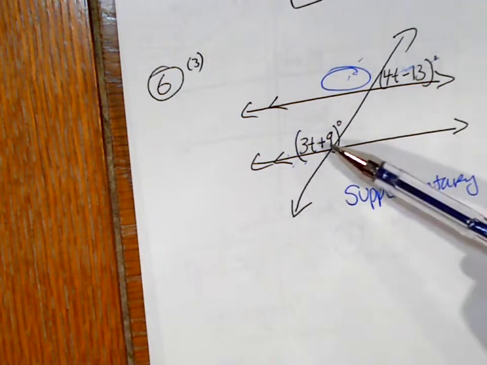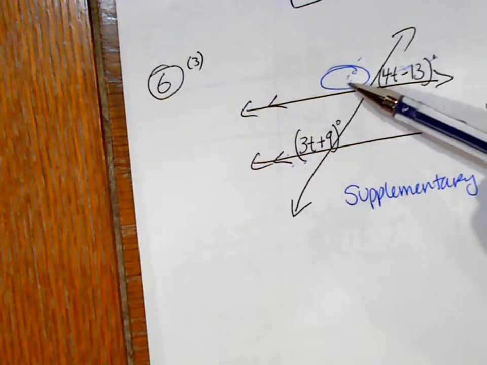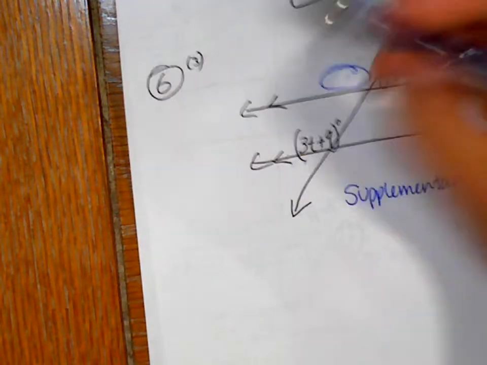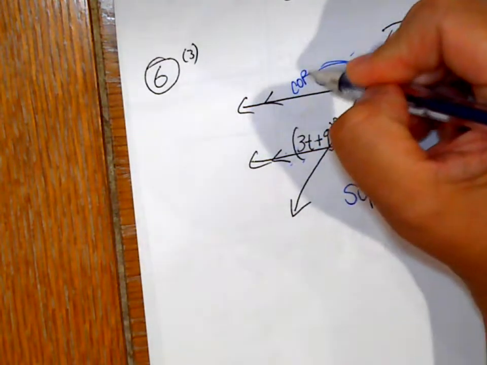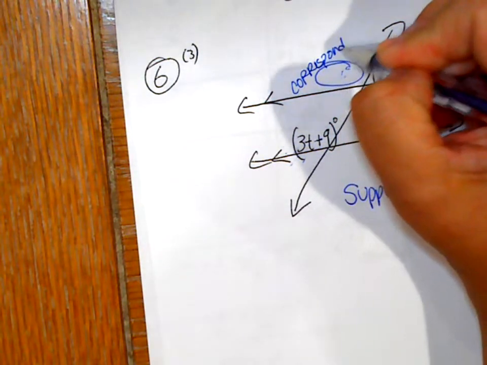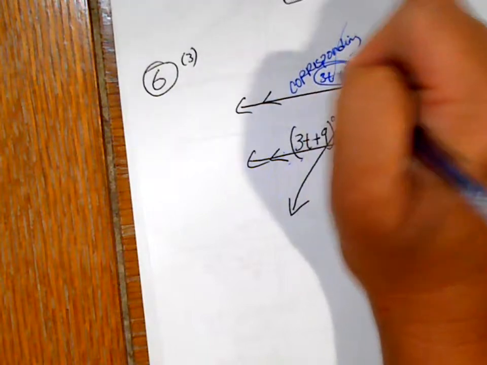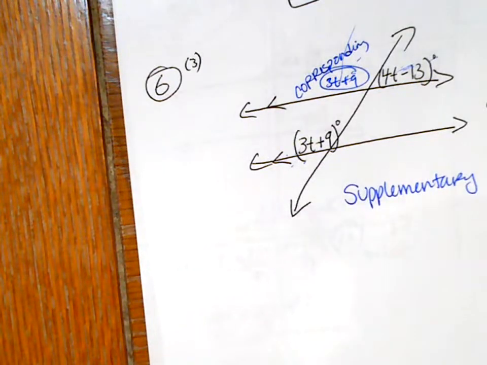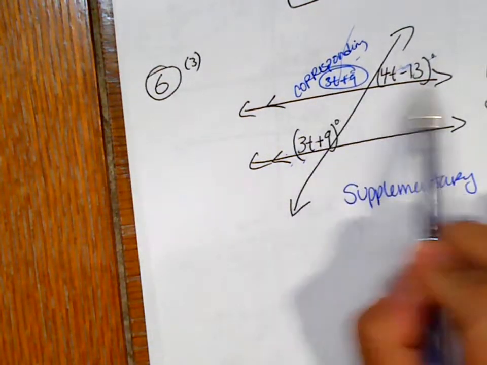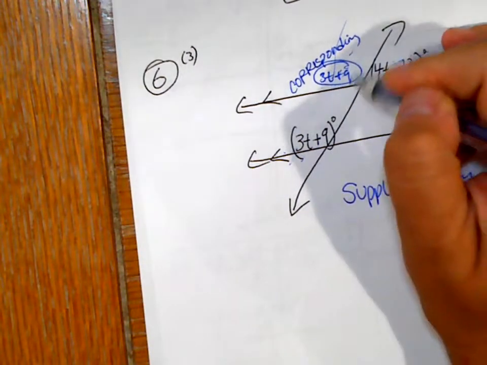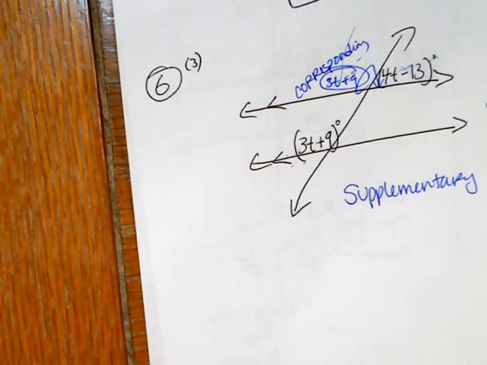Okay. But knowing that this one is the same as this one right here because these are corresponding angles, up here I basically get 3t plus 9. It's the same. And I know that these two guys right here give me a linear pair.